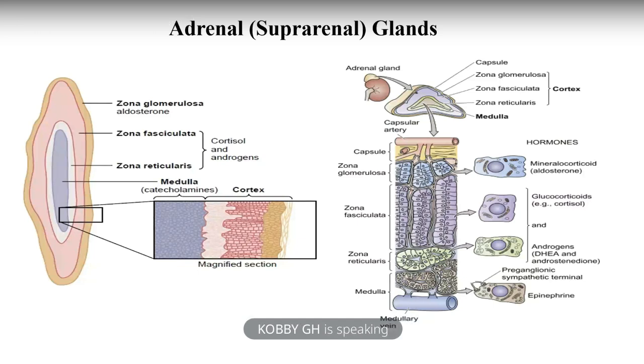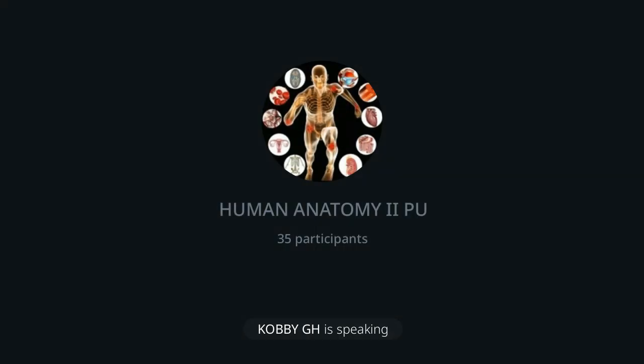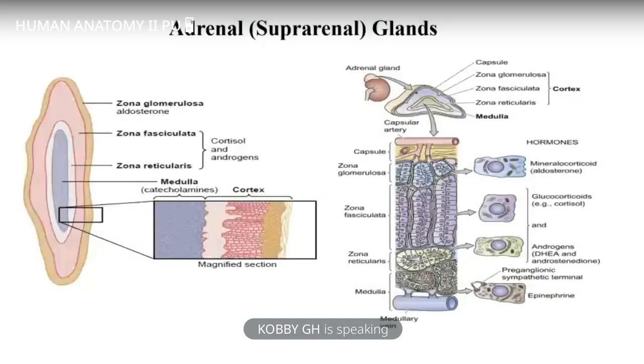Okay. Zona fasciculata produces glucocorticoids. Glucocorticoids are different, and an example is cortisol. And the zona reticularis produces androgens. In some textbooks, they are dehydroepiandrosterone. Okay, good.